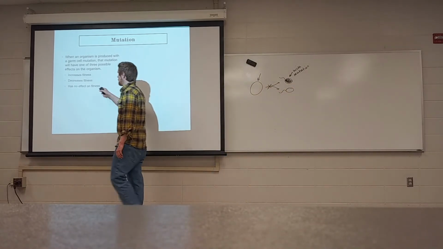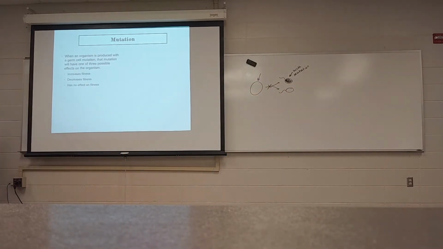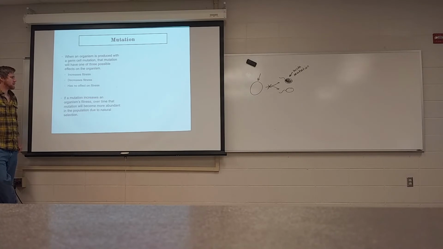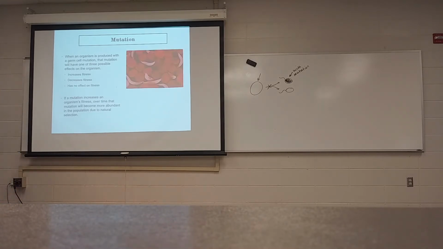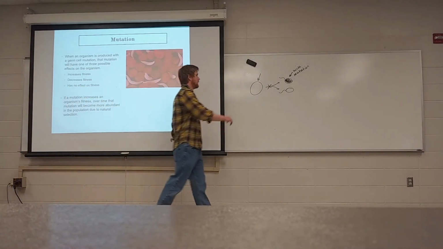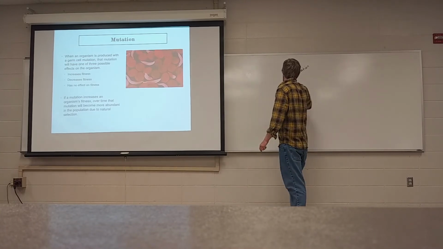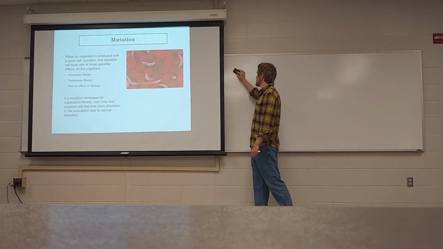As far as this top one goes, increasing fitness, there are a couple of examples in humans that we're going to look at. So if a mutation increases an organism's fitness, over time, that mutation will become more abundant in the population due to natural selection. One mutation that occurred ancestrally in humans is a mutation that causes sickle-shaped red blood cells.